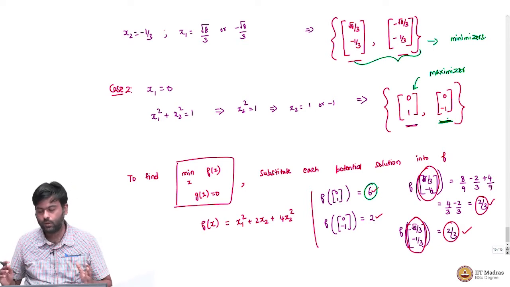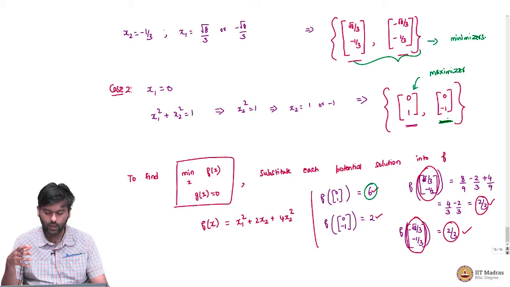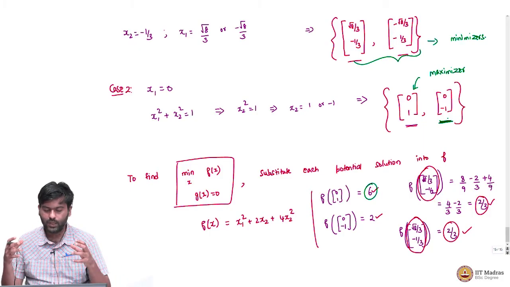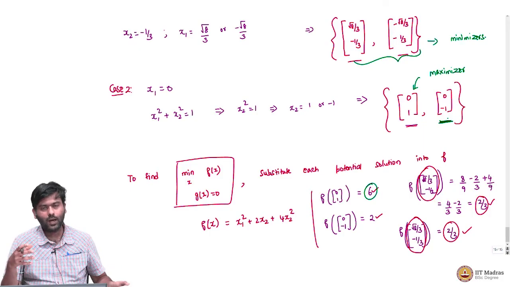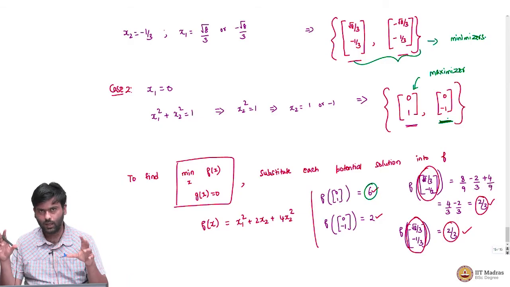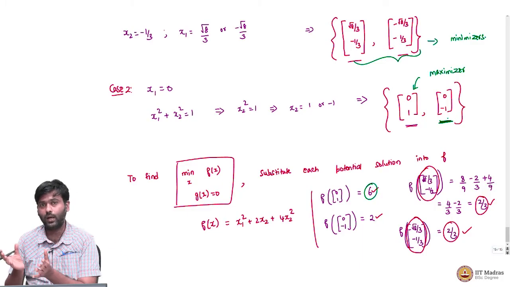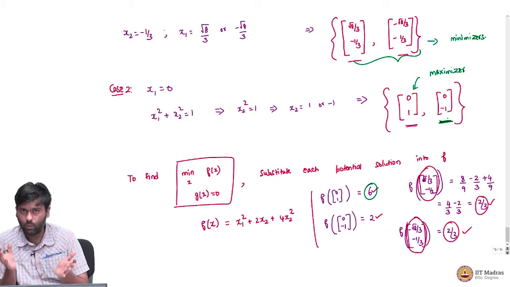So, let me summarize what we did in terms of the method of Lagrange multipliers. We started by saying that if x star is an optimal solution, then it necessarily must be the case that the Lagrange equation is satisfied and the constraint is satisfied, and we converted that by looking at the gradients into a set of equations.